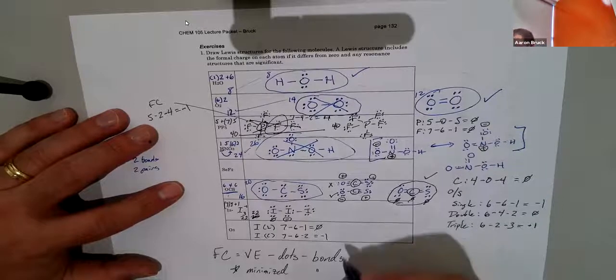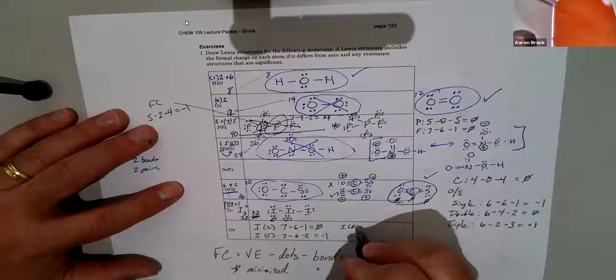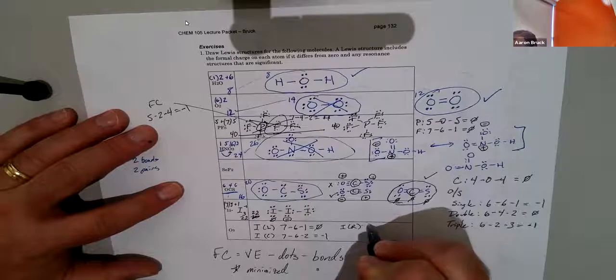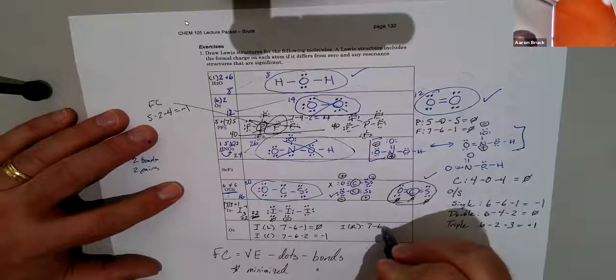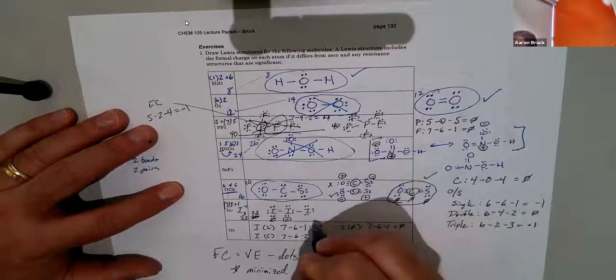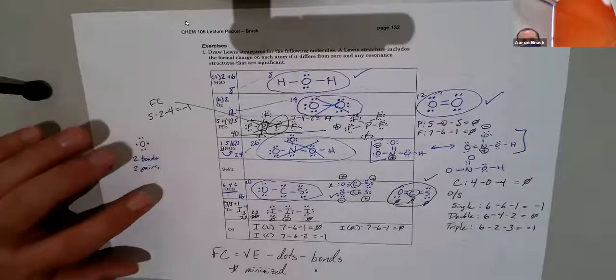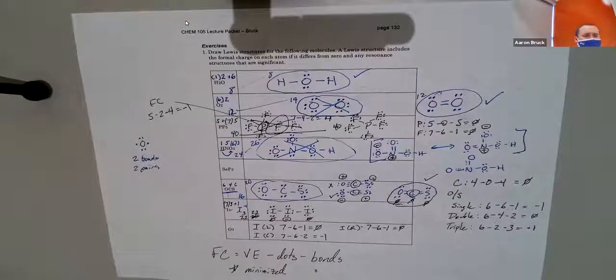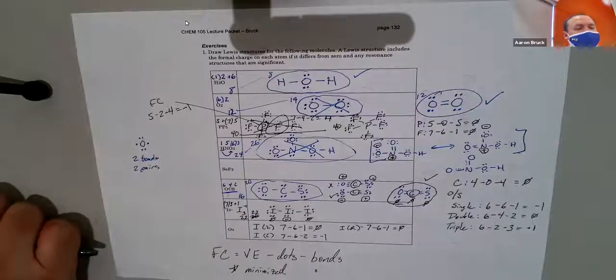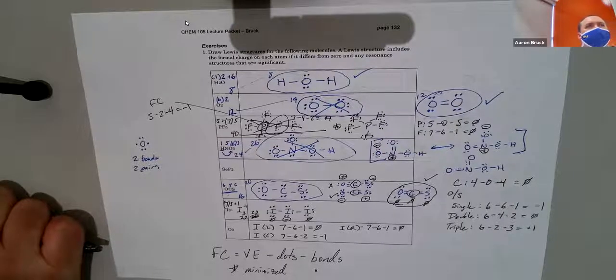Iodine on the right, 7 valence electrons, 6 dots, 1 bond, no charge on the outside. Okay, so I've got a -1 charge here. Is my formal charge minimized? Or do I need to start playing around with bonding and things?